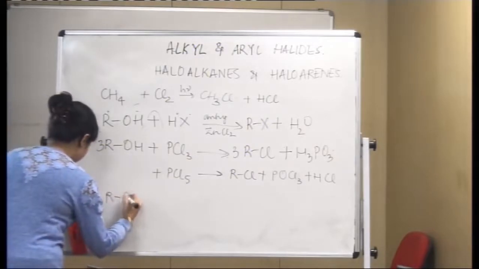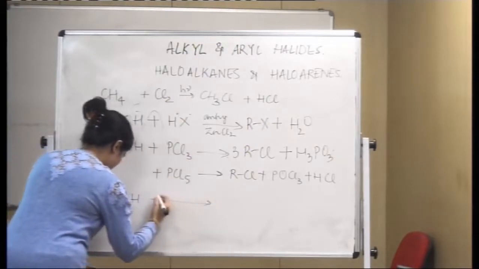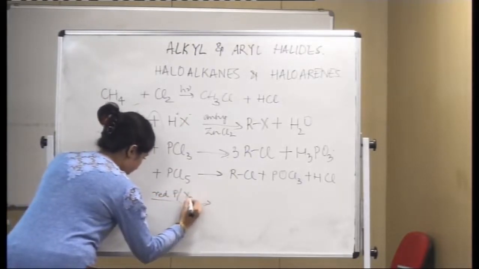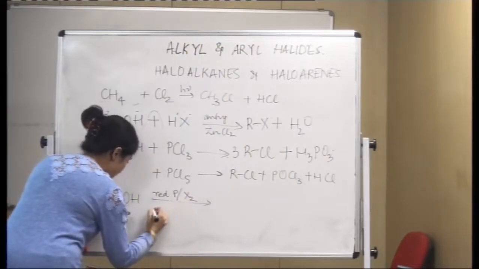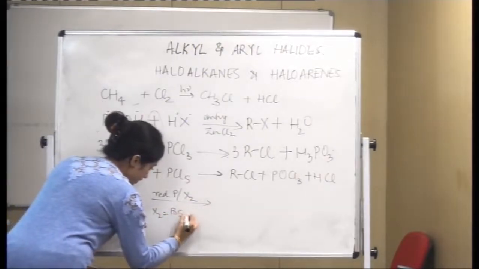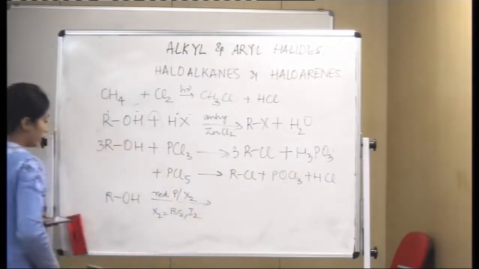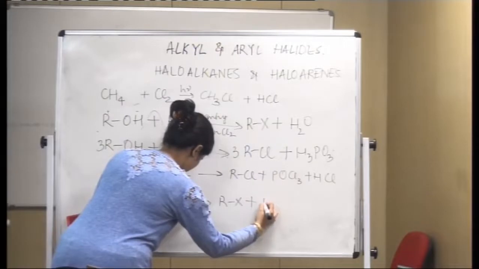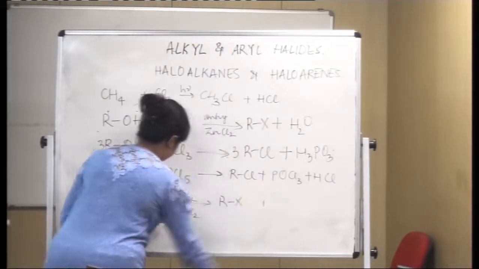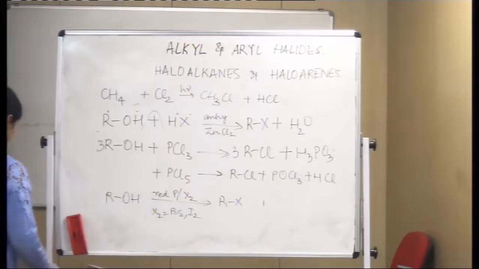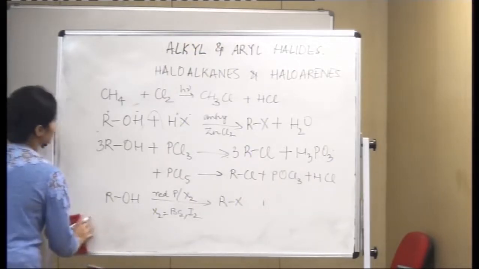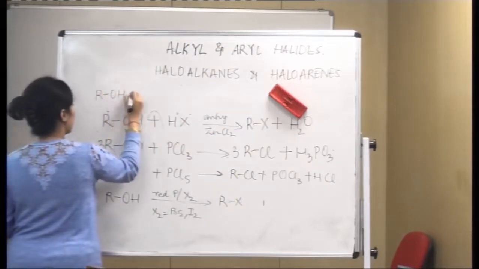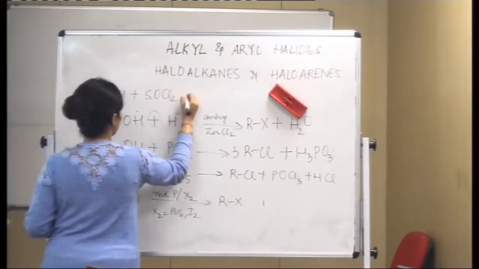Alright, ROH से ही there is another way, that is generally used for preparation of bromo or iodo alkane, where you have RX plus, side product is not written, and then another method from alcohols can be ROH plus SOCl2.